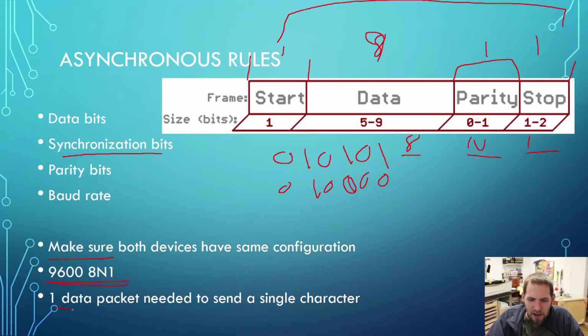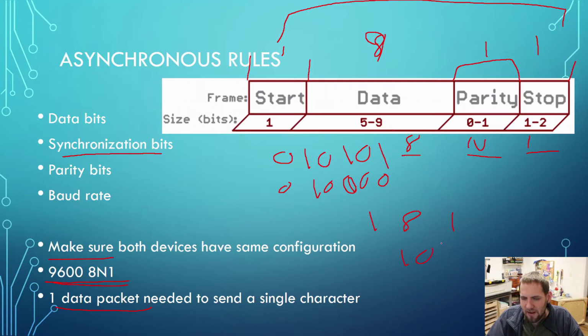We do need 1 data packet to send a single character. So if you're sending a character, we're going to use the 8-bit ASCII table. In this case, we'd send a start bit, 8 bits for our character, no parity, and then 1 stop bit.